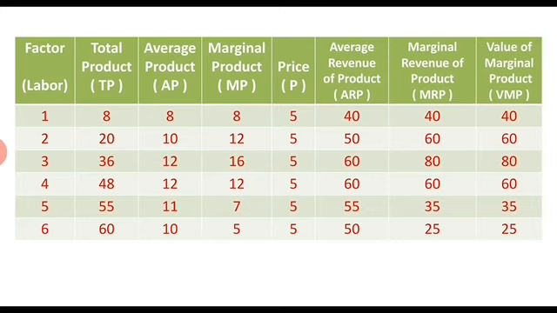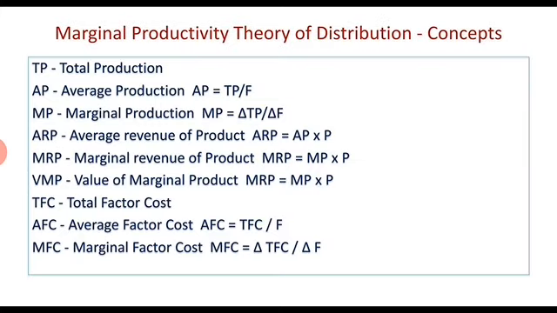So, average production AP is equal to TP by F. Marginal production: the marginal production of a factor is the increase in total production resulting from the employment of an additional unit of the factor. So, marginal production is equal to change in total production by change in factors, or MP is equal to delta TP by delta F.